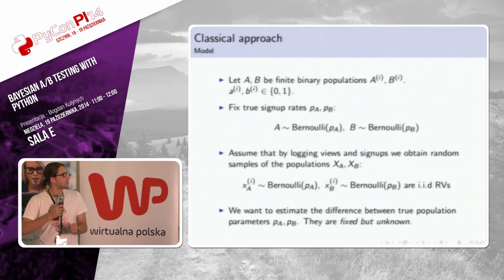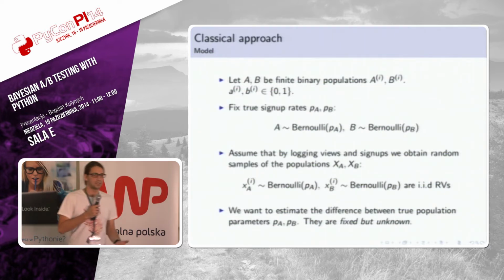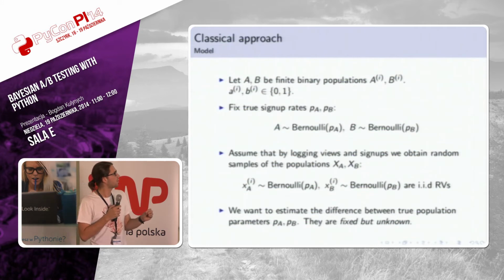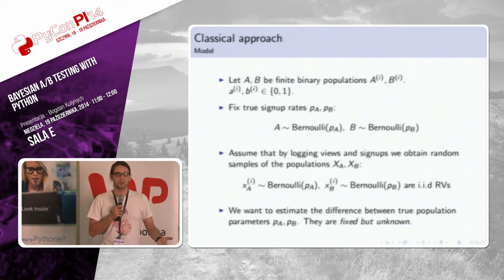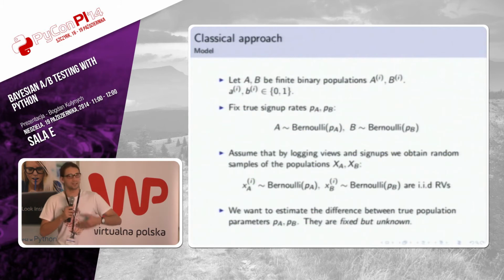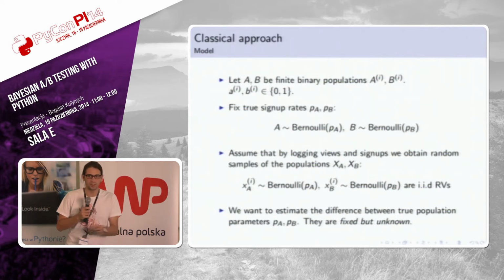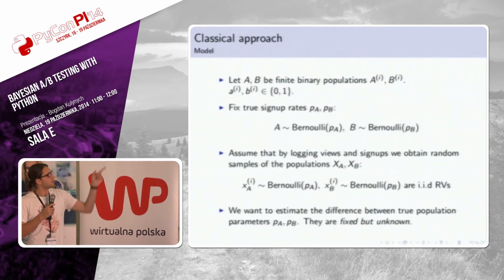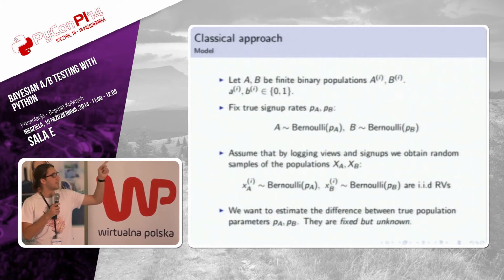And in this model, the distribution of each random variable is the same, and it's the same as the distribution of the whole population. So for our case, it's Bernoulli. You can think of anything other for 0s and 1s. So we fix some sign-up rates. We call them PA and PB.